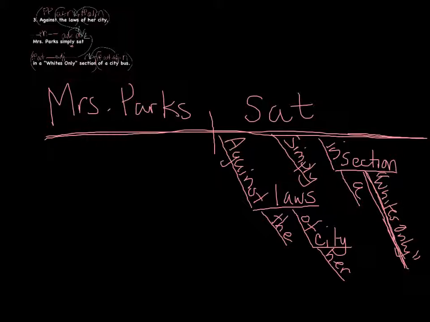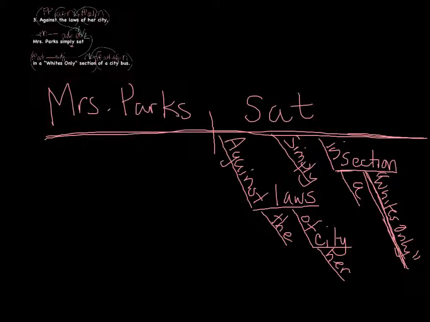The final modifier I have is that prepositional phrase of a city bus. Again, we always diagram off of the word that a modifier is modifying. That arrow is pointing to the object of the preposition section, so I'm going to diagram off of that word.